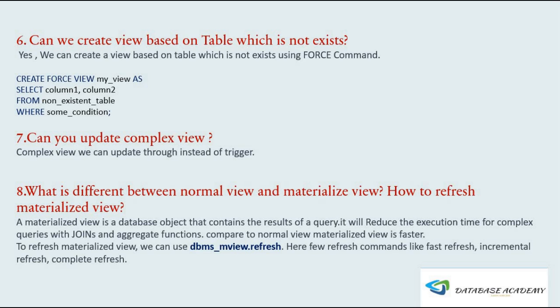When we execute the view, internally it executes the select statement which we wrote to create the view. But a materialized view behaves like a base table, so it holds the data. We can create an index on that to improve the performance of fetching records, which we cannot do in a normal view.